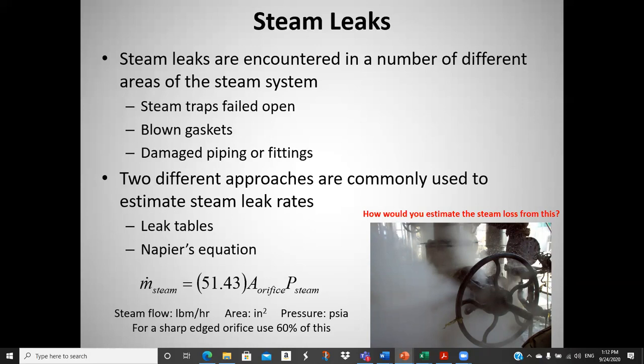Oh, that's great. So I look at that and go, is that a 3/8 of an inch dull-edged orifice? The next guy comes by, no, that's a 1/4 inch sharp-edged orifice. The next guy comes by and says, oh, that's 1/2 inch. You don't know. It's an order of magnitude guess.